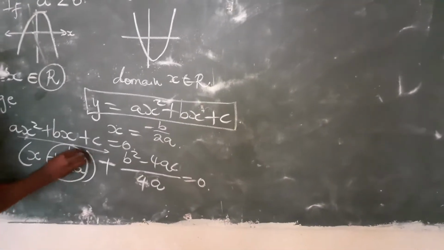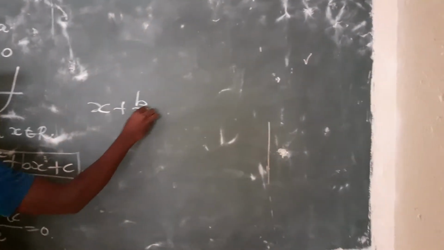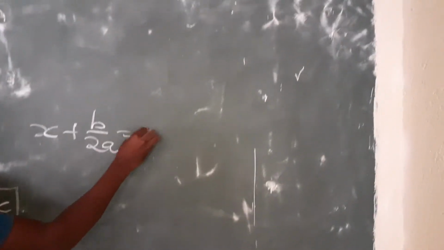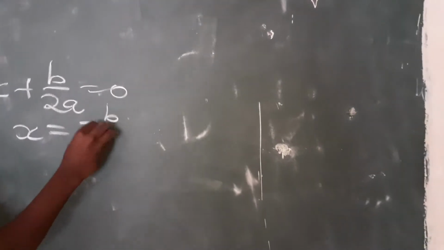Here, if I'm solving for x from this, I'll have x plus b over 2a equals 0. Therefore, I'll have x as minus b over 2a.